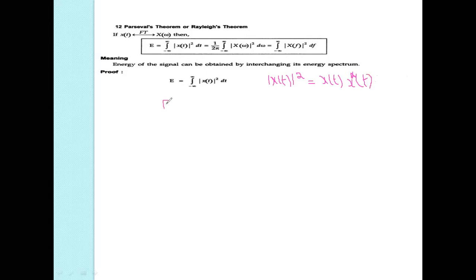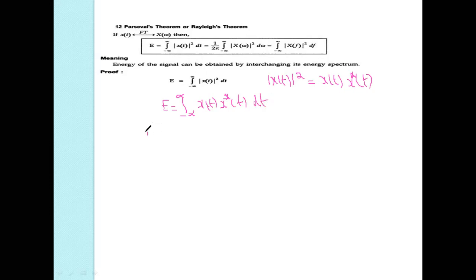So energy E is equal to the integral from minus infinity to infinity of the squared magnitude of x of t dt, which can be written as x of t times x star of t, the conjugate function, into dt.